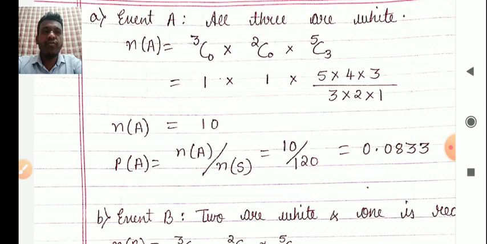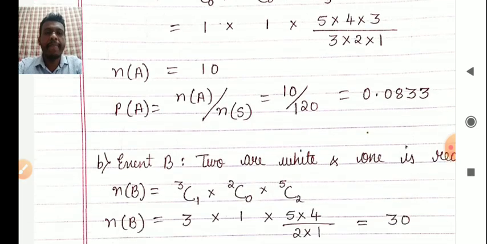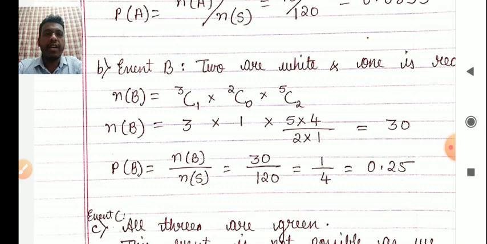If you solve this, you will get n of A is equal to 10, and probability of A is equal to n of A upon n of S, which is 10 upon 120, which is equal to 0.0833.